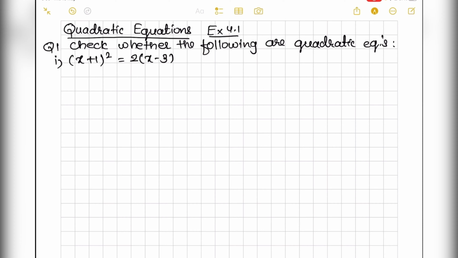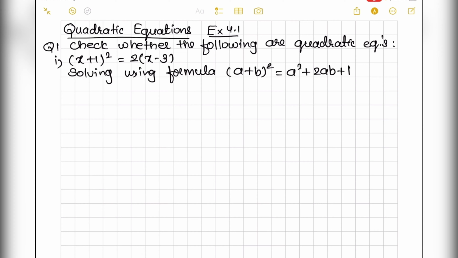Here we can't directly say that because on the left hand side we have a whole square bracket. So first we need to solve the whole square using the formula (a plus b) whole square equal to a square plus 2ab plus b square.